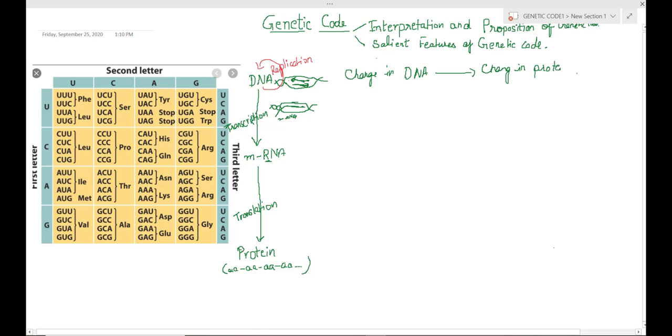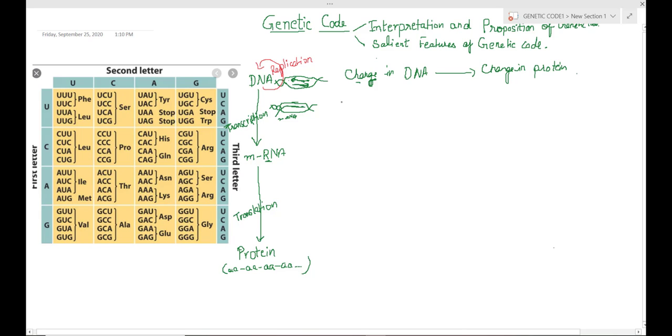There were different diseases caused by mutation. Several evidences showed that if there is a change in DNA, such as addition or deletion of a nucleotide, a change in protein also occurs, which is responsible for several diseases. This criterion led scientists to the discovery of the genetic code.